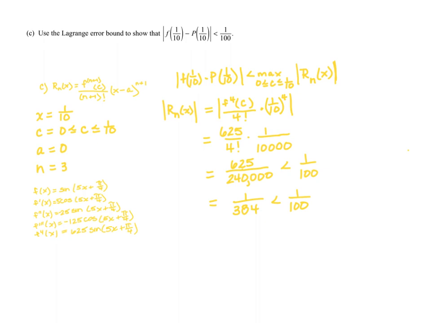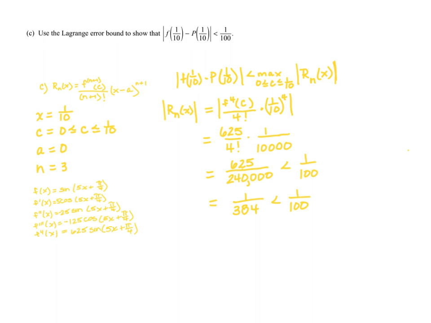So if we go ahead and plug in our values into the formula, you're going to have 1/10 to the fourth, and the bottom is going to be 4 factorial because N is 3. So the question is, what do we plug in for f, the fourth derivative value of c? In other words, what do we use for c?